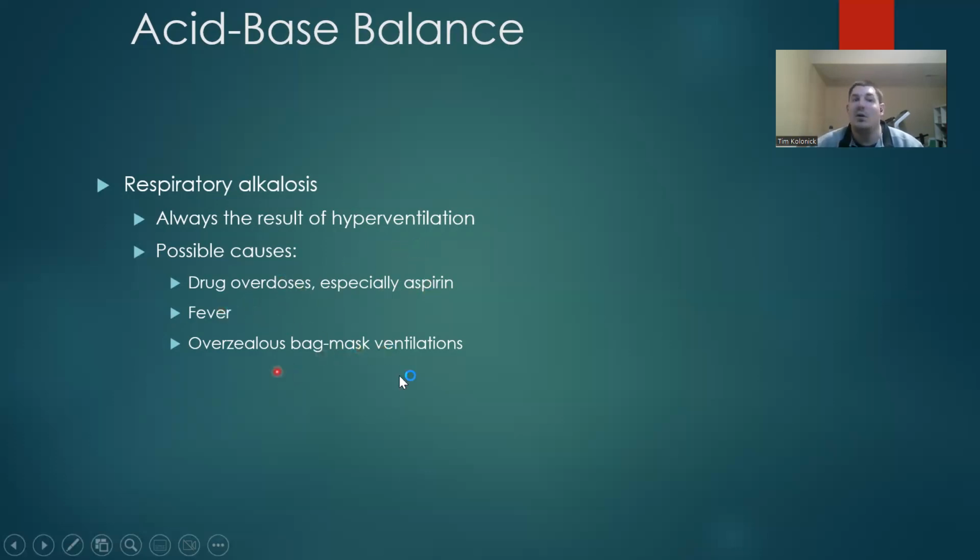Fevers maybe, or the potential that us as the responders are breathing too fast with the BVM. Okay. We have ways, now it's kind of become the standard. We monitor our end-tidal CO2, and I'll talk about that in a little bit, but that can help us maintain a good BVM usage.